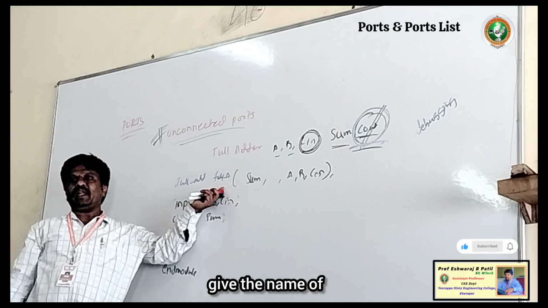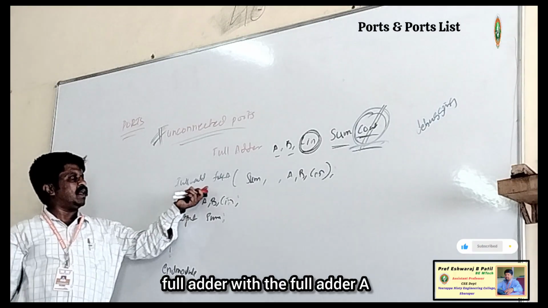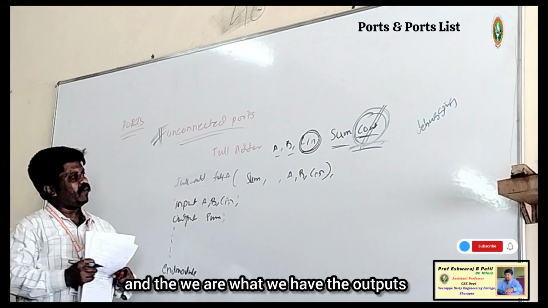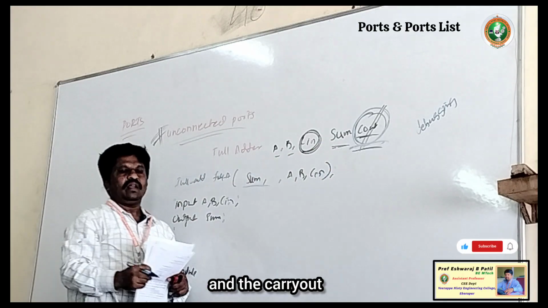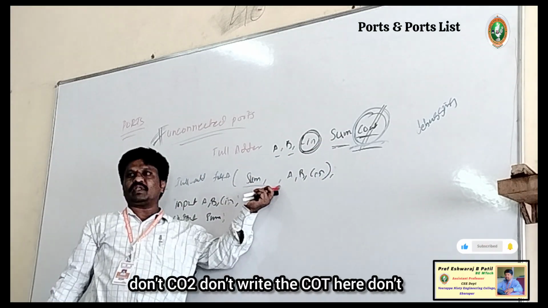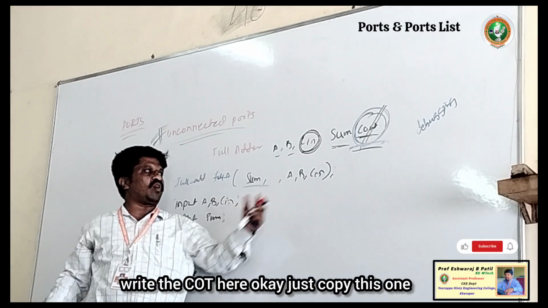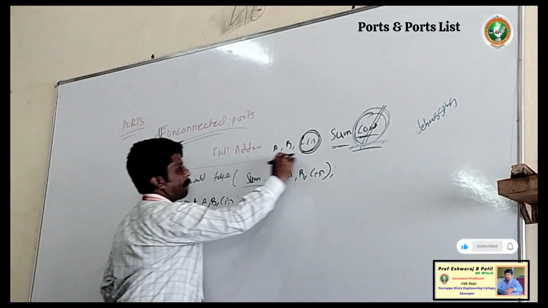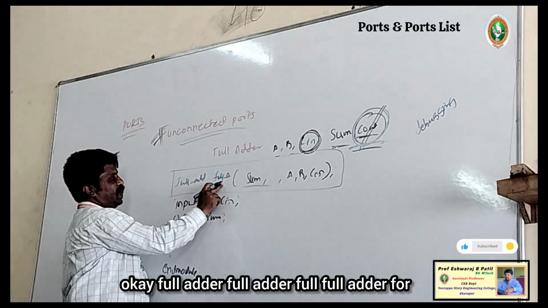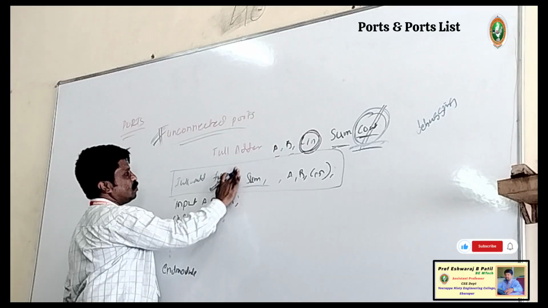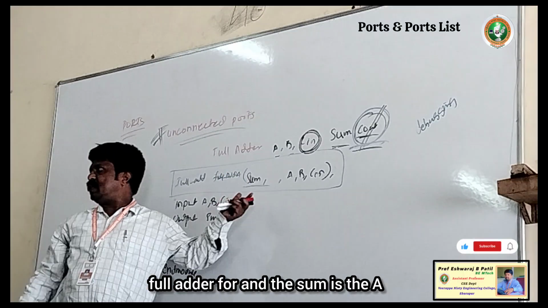You have to give the name of that particular module with the instantiation: full adder with full adder A, and we have the outputs, sum and carry out. But you have to write only sum and carry, don't write the COT here. Just copy this one.